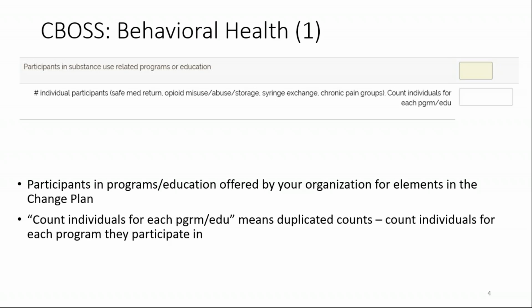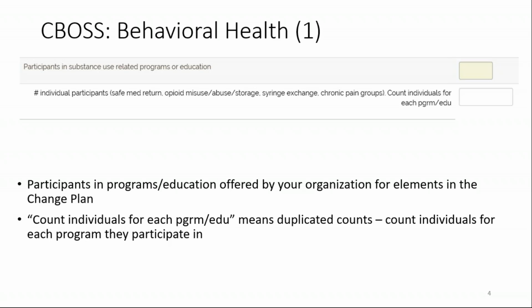Within the CBOSS metrics, there are 3 metrics that capture your service areas, if you will. One of them is related to substance use related programs and education. So this would be individuals who are participating in programs that you may be delivering related to safe medicine return, opioid misuse, abuse, and storage, syringe exchange, chronic pain group. These come straight out of the change plan.